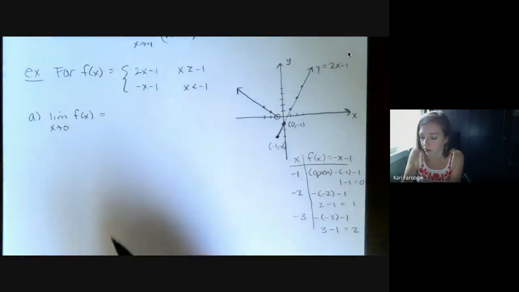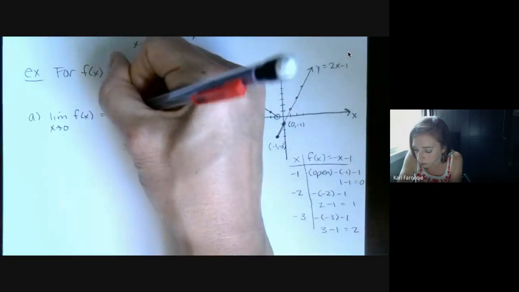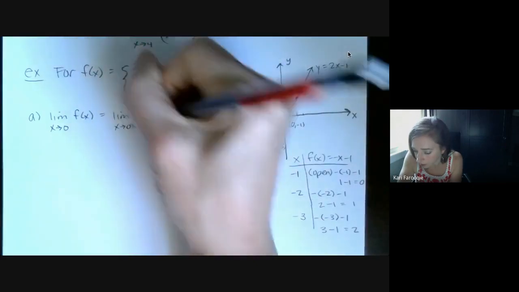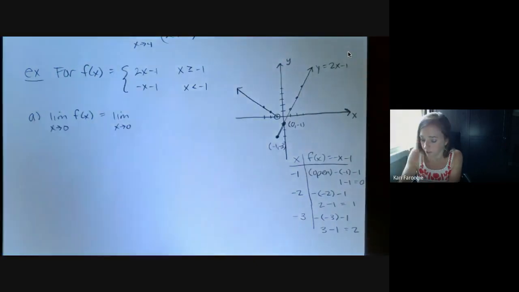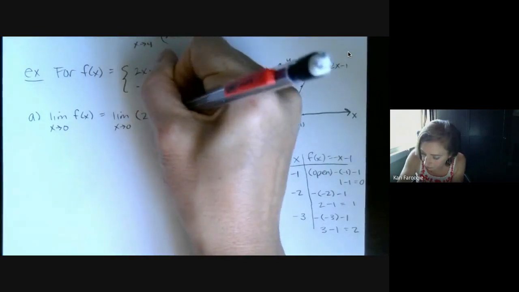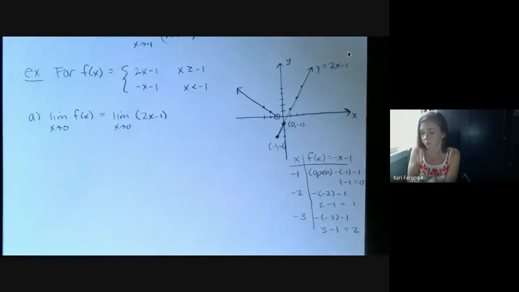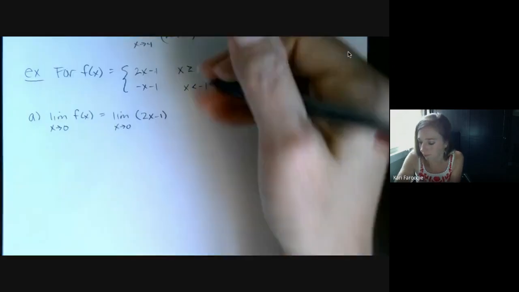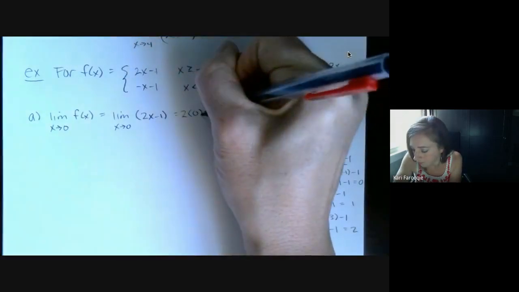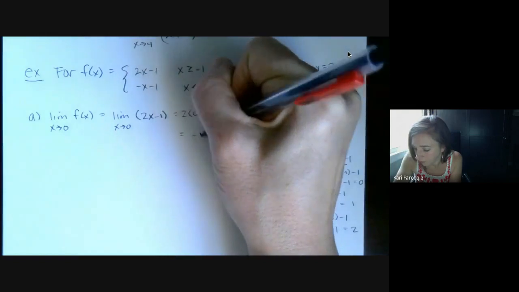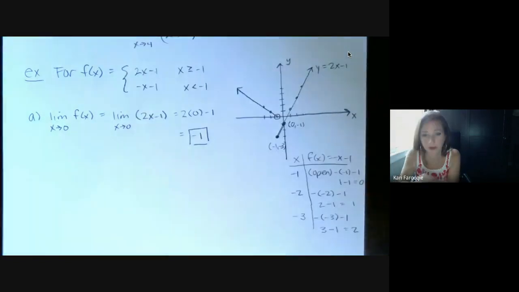So I'm going to use the 2x minus 1 piece of the function. And it's a polynomial, so I'm going to go ahead and evaluate it directly, and get a value for the limit of -1.